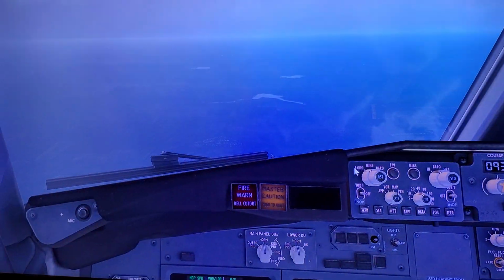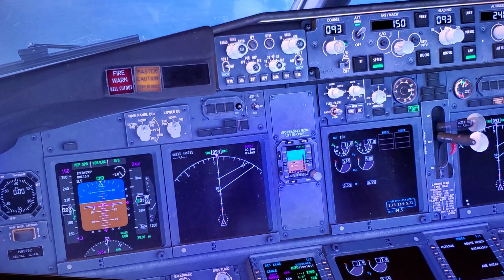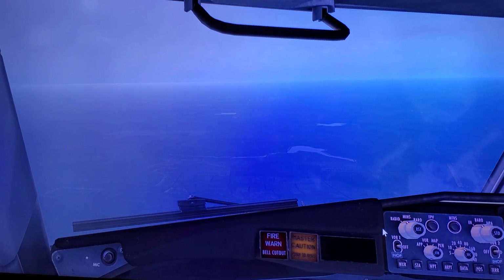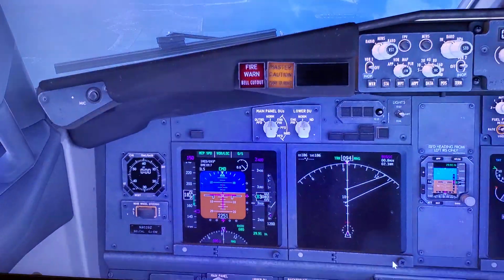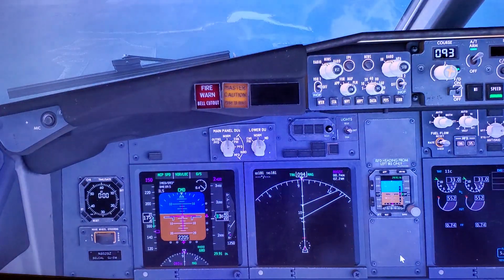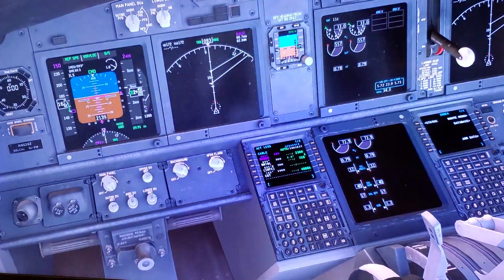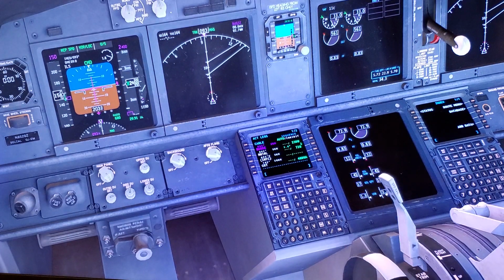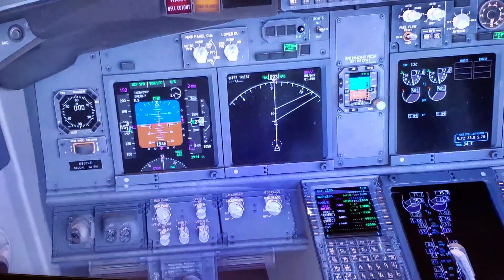It's good. 211. So I think we're going to get a right landing, since the speed is dropping. Spoiler arm.